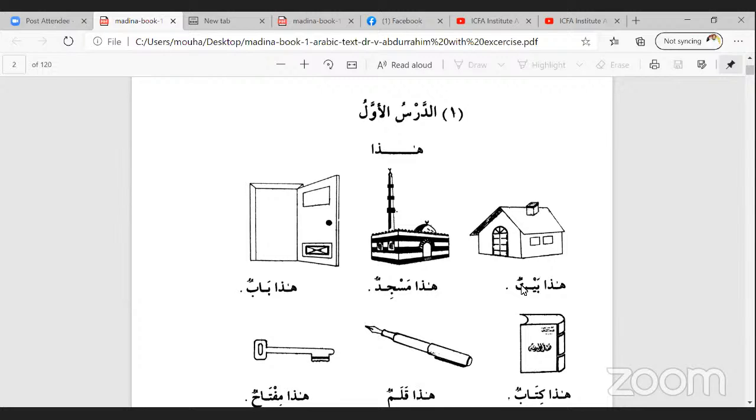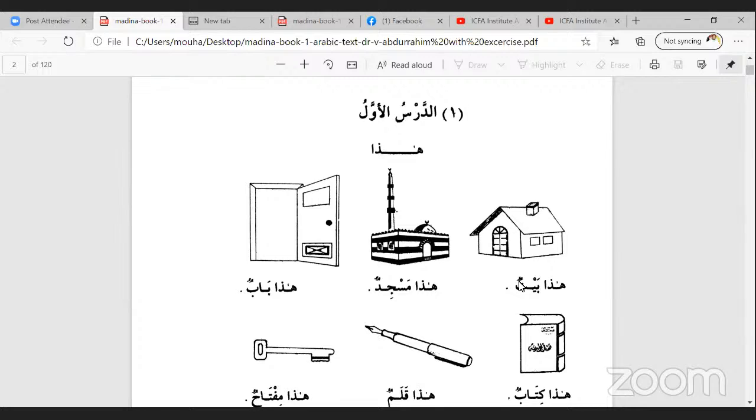This n sound is called tanween. Tanween means nunation, to make it sound like a noon. Nunation makes the end of the word sound like a noon.